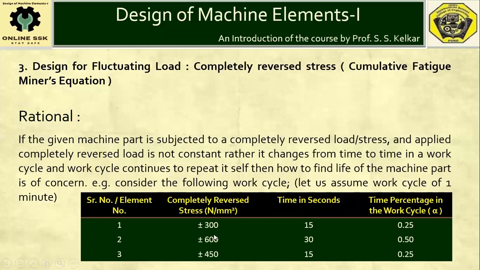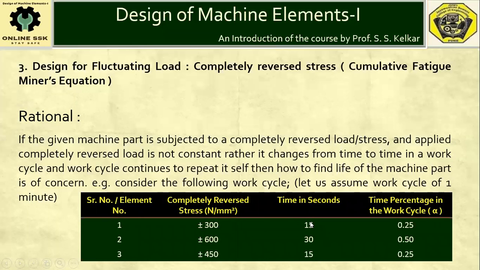Now here you can see for the first 15 seconds, completely reverse stress is of value plus minus 300. It is called serial number or element number 1. During element number 1 of the work cycle, the induced completely reverse stress is plus minus 300, and this element number 1 lasts for 15 seconds.